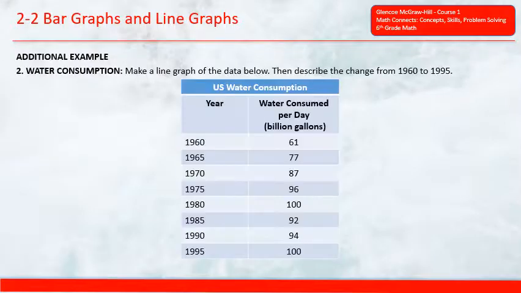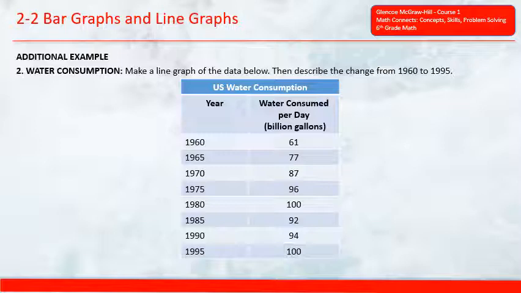Additional example, water consumption. Make a line graph of the data below, then describe the change from 1960 to 1995. So this table has a little bit more data than what we've been seeing, and I believe that we're starting to see why a picture or graph, like a line graph or a bar graph, may be more useful.